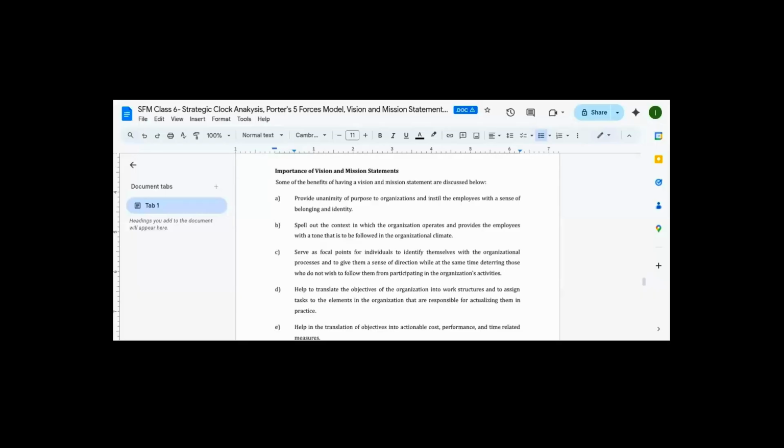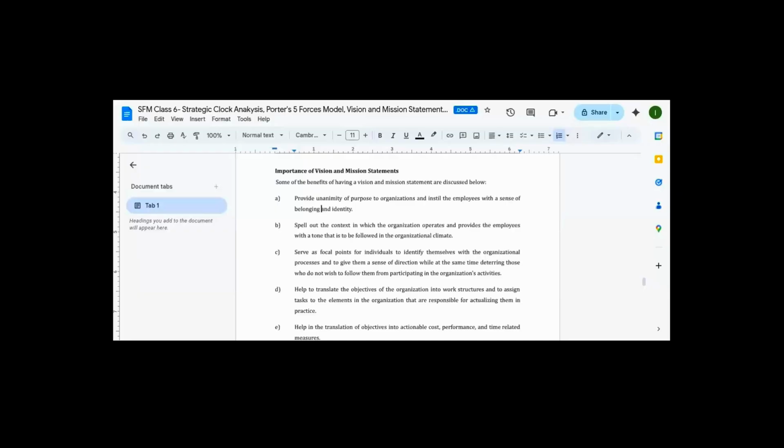So what is the significance of vision and mission statements? Some of the significance are: one, to provide and instill a sense of belonging to our employees.